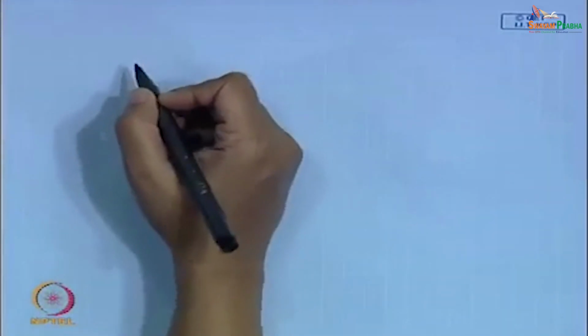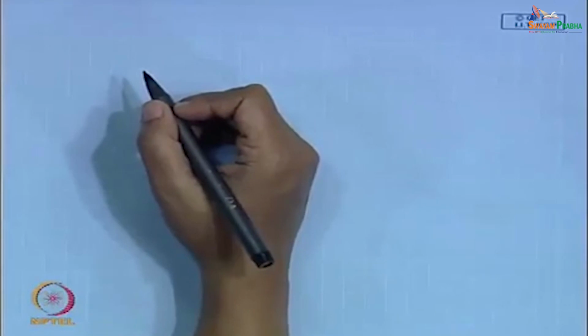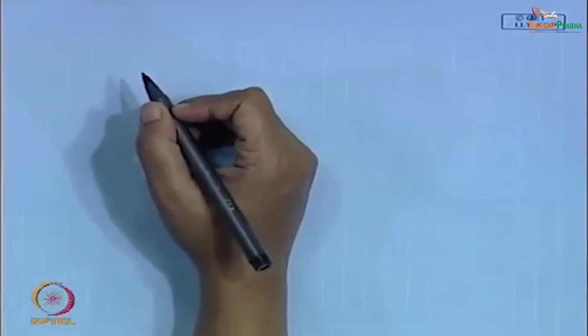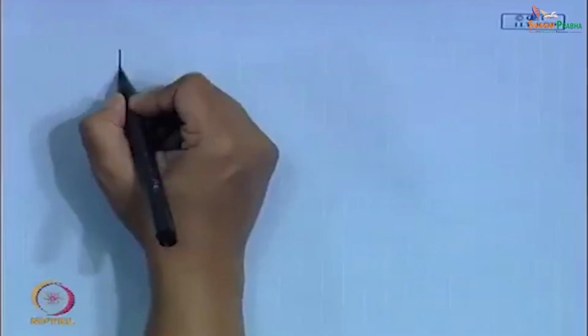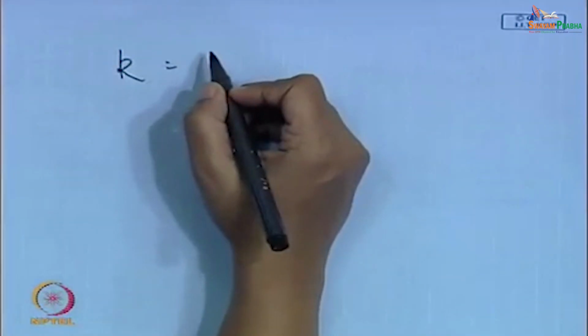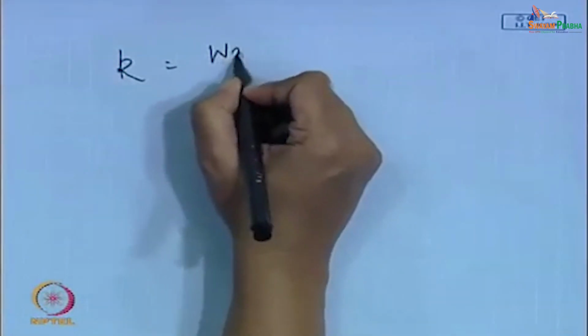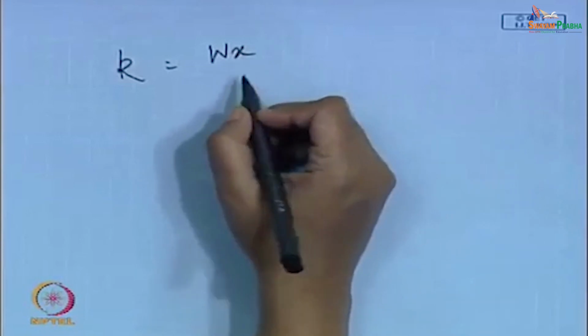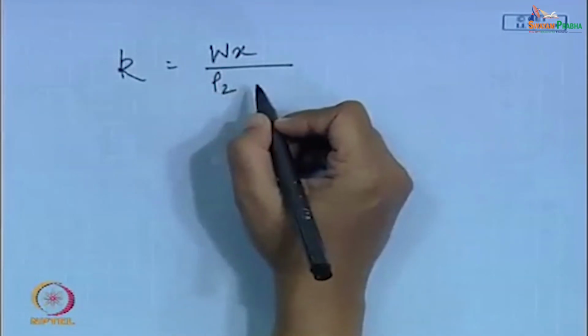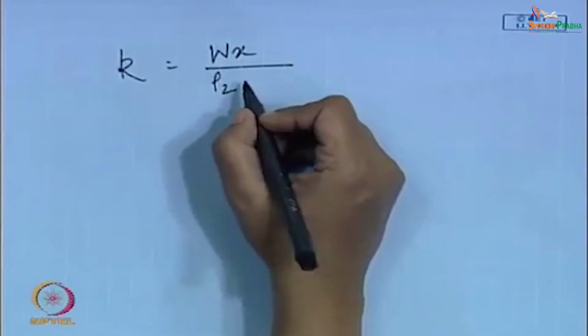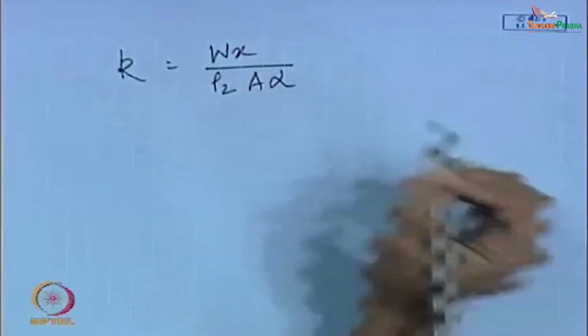W2 again we do not know, because W2 will be changing along the length. What we can find out from heat balance is the quality, isn't it? So, instead of W2 we can write Wx by rho 2. A2 also we do not know, we can write it in terms of A alpha.